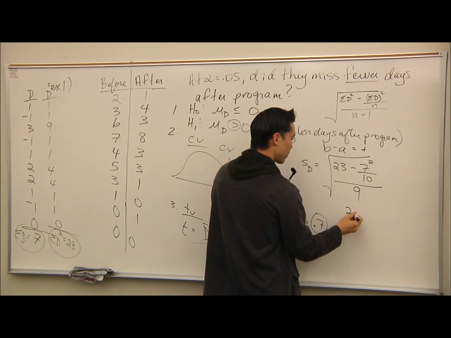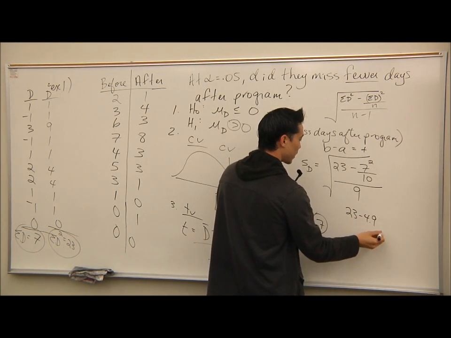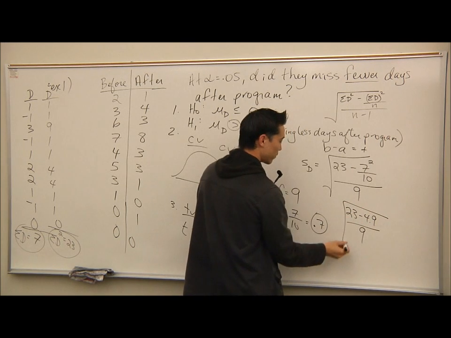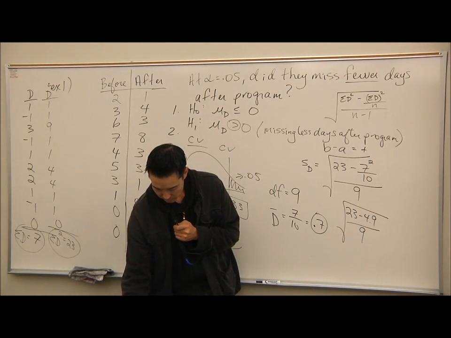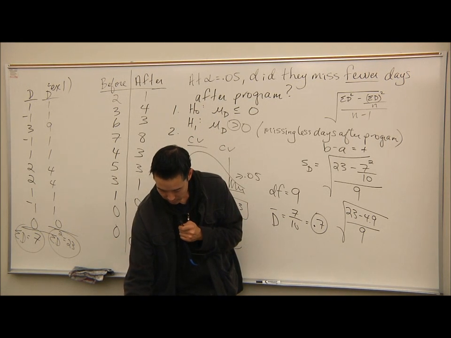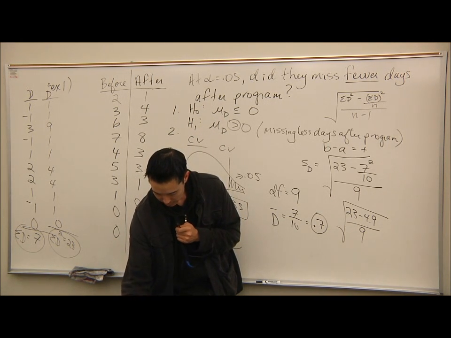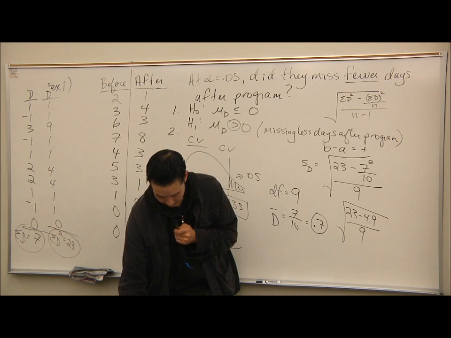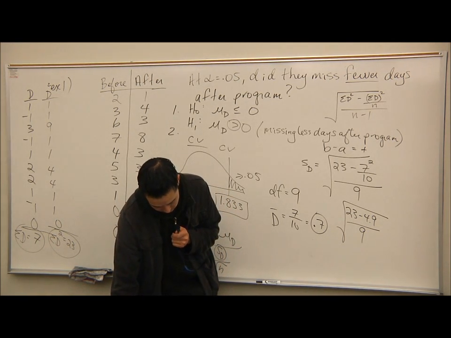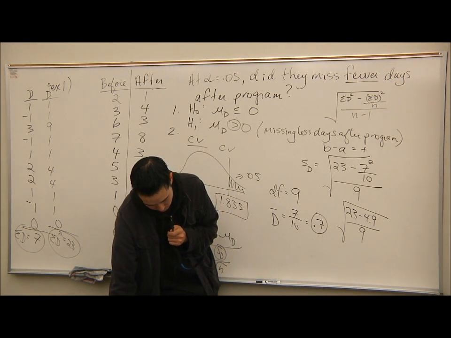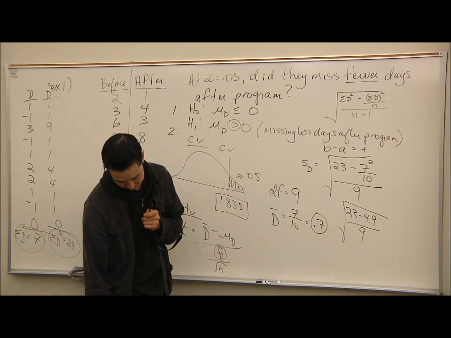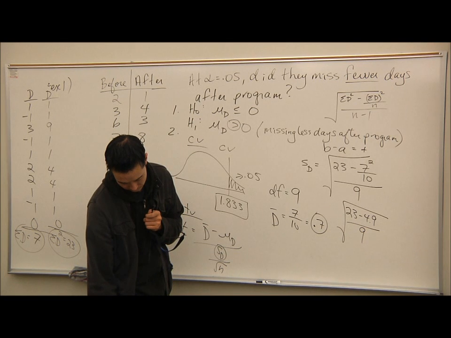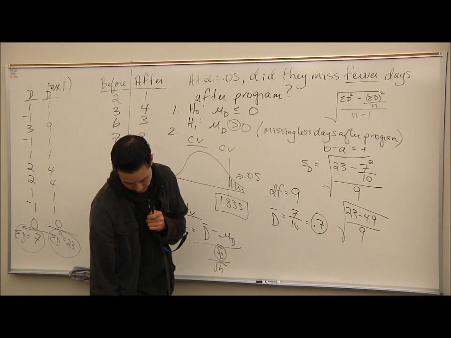So we have 23 minus 4.9 divided by 9, and it's the square root of all of that. Okay, so I think that'll be the easiest way to plug it in. So 23 minus 4.9 divided by 10, square root of all of that. And double check that I get this right, and you guys let me know.